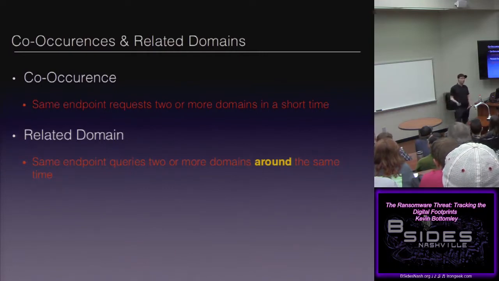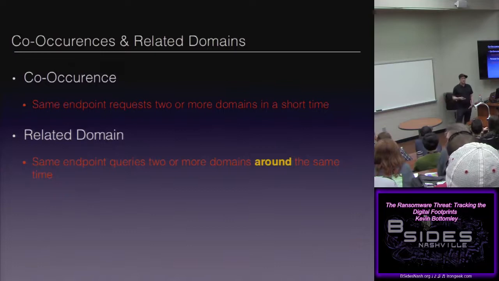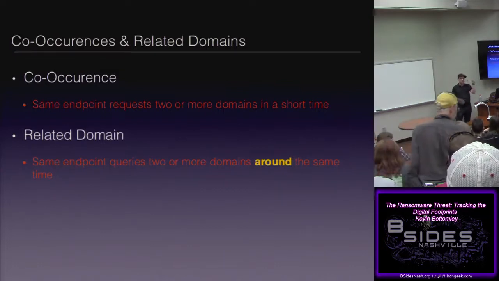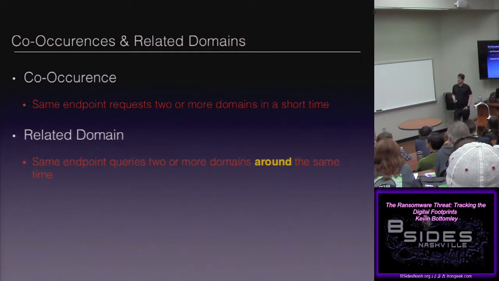A co-occurrence basically happens when someone queries a domain. Think of it like if you land on Google and all of the requests that happen in the background are a co-occurrence. So you query one domain and there's another domain that happens right off the bat. A related domain is one where they're queried in almost the same time frame, but it's a little bit more spread out. But we're talking milliseconds at this point.